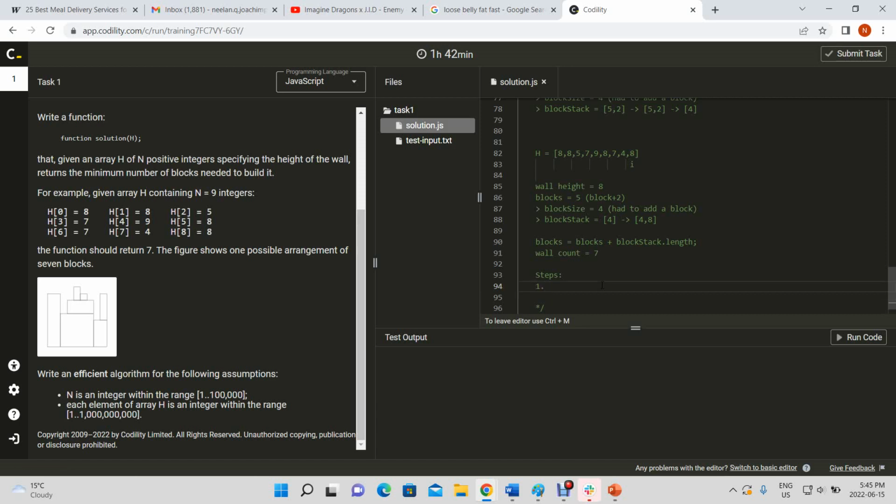But anyways, let's break it down to steps. Iterate through the array of wall heights to calculate when the wall height increases.